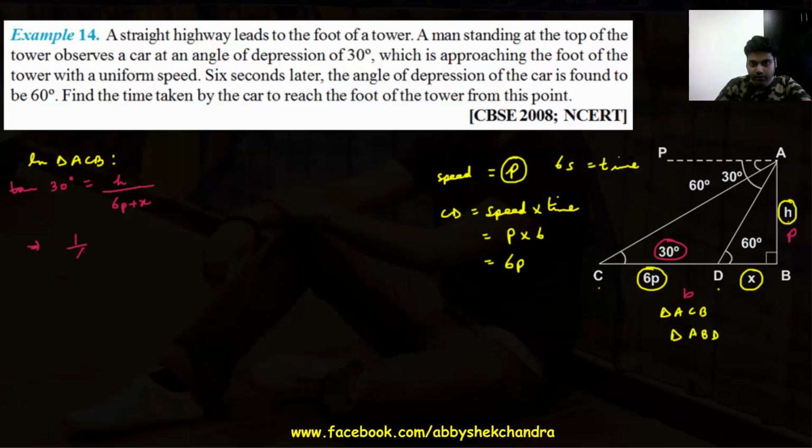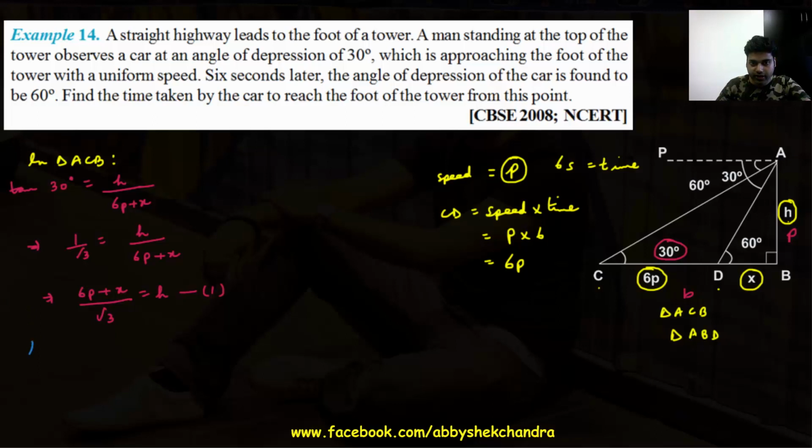Or 1 by root 3 equal to H by 6P plus X, or take 6P plus X to the other side, 6P plus X by root 3 will be equal to H. So let's call it 1.